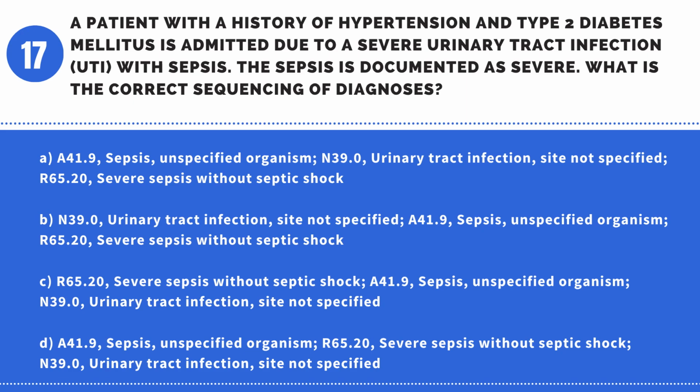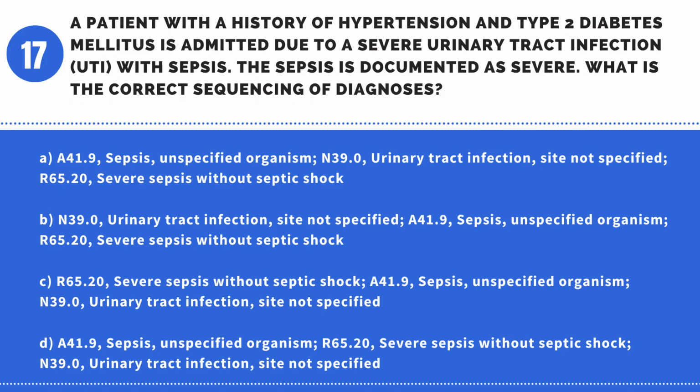A. A41.9, sepsis, unspecified organism, N39.0, urinary tract infection, site not specified, R65.20, severe sepsis without septic shock. B. N39.0, urinary tract infection, site not specified, A41.9, sepsis, unspecified organism, R65.20, severe sepsis without septic shock.